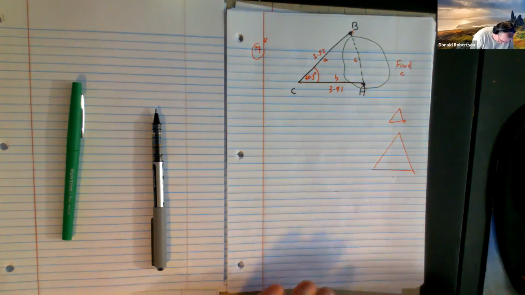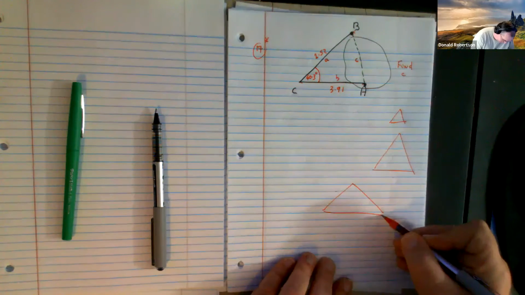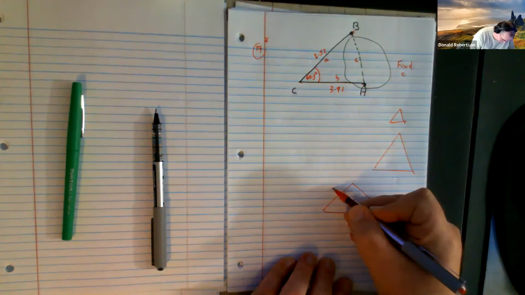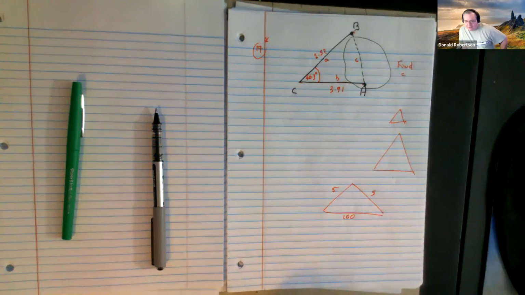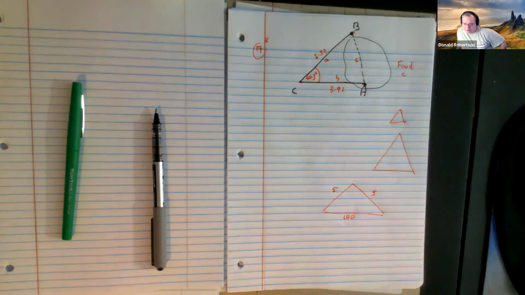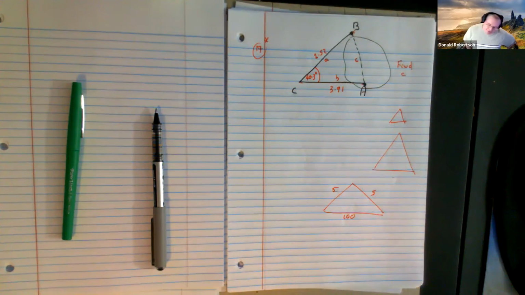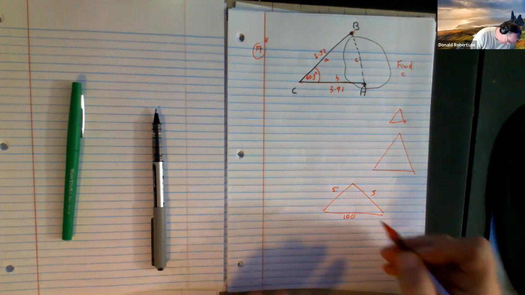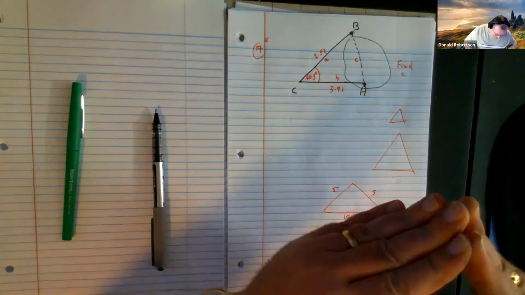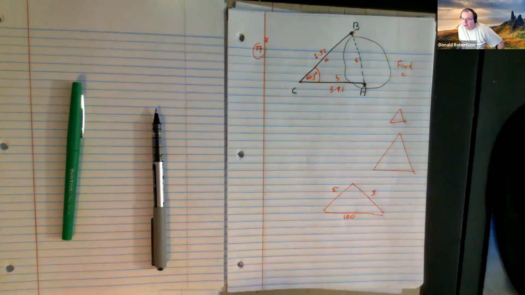Here's an impossible to solve triangle. Would you agree there's no triangle in the world that could be 100 apart, but the two sides are 5?